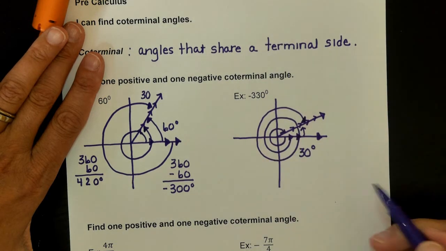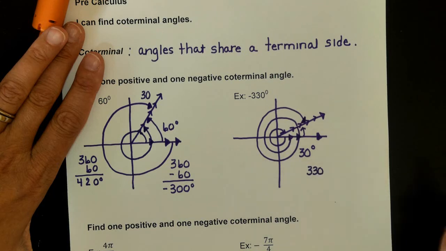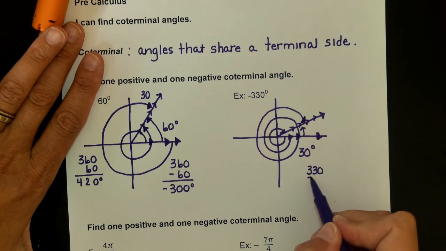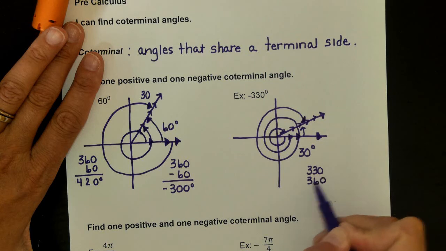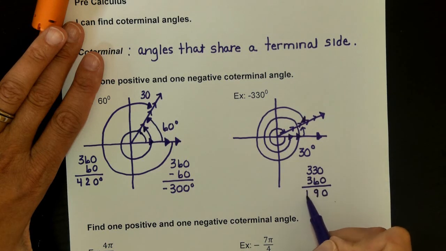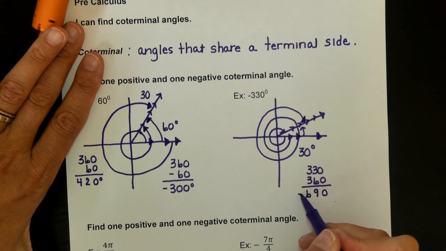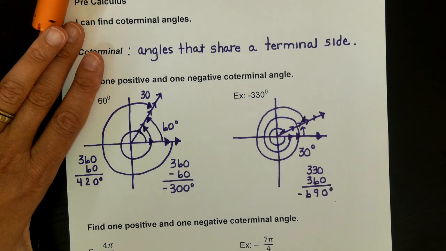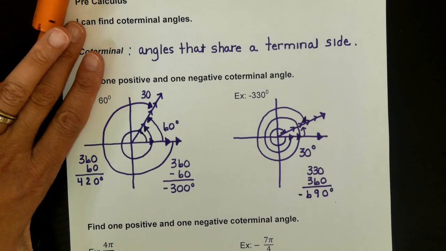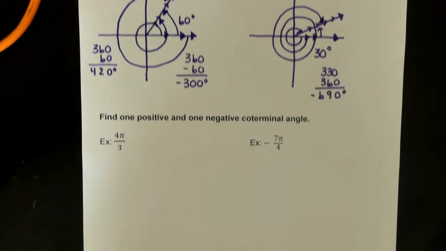So I took my original and I added another full circle. But remember, I went down, so negative 690 degrees. I like looking at the visual, so you'll always see me doing that.